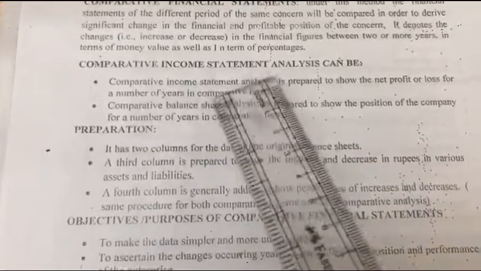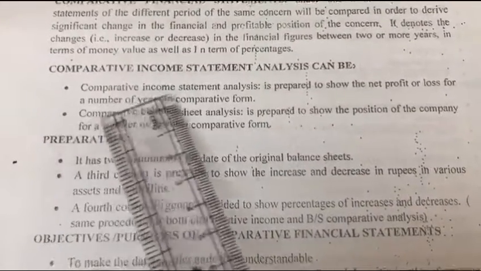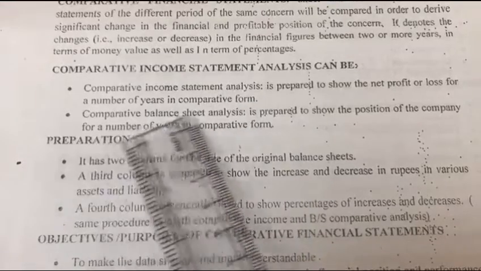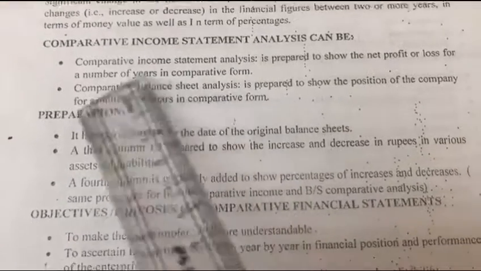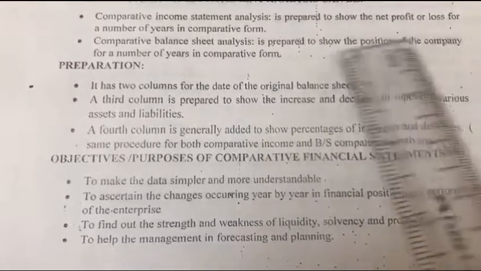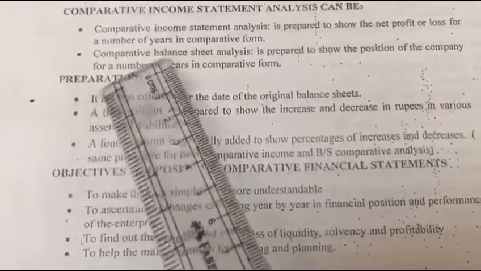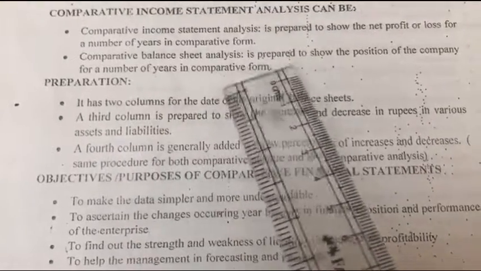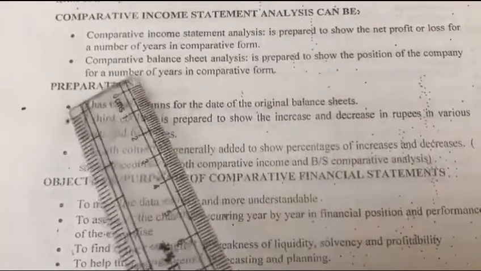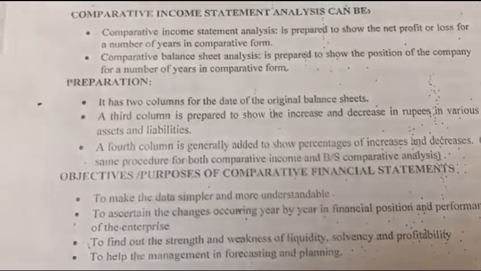It may be either comparative income statement or comparative balance sheet analysis. The comparative income statement analysis is prepared to know the net profit or loss for a number of years in a comparative form, and the comparative balance sheet analysis is prepared to show the position of the company for a number of years in a comparative form.